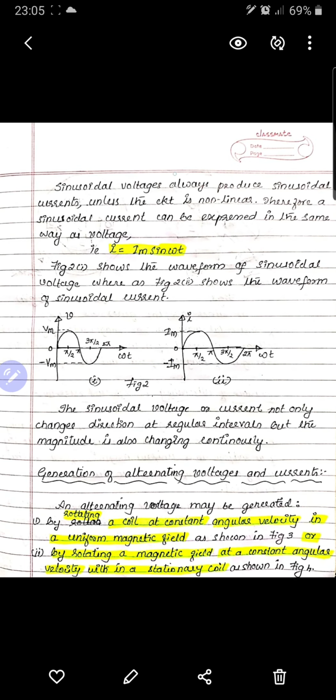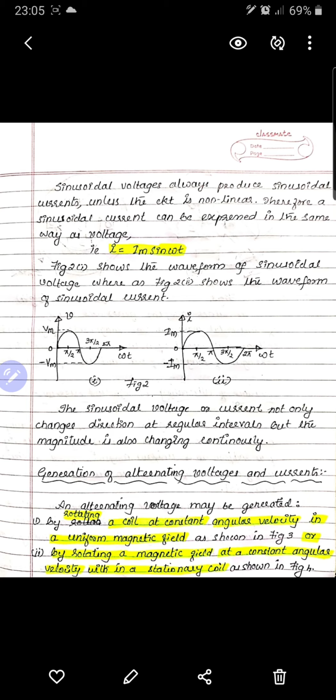A sinusoidal voltage always produces a sinusoidal current unless the circuit is non-linear. Therefore, a sinusoidal current can be expressed in the same way as a voltage, that is, i = Im sin ωt. This is the figure shown for voltage and this is the figure for current.